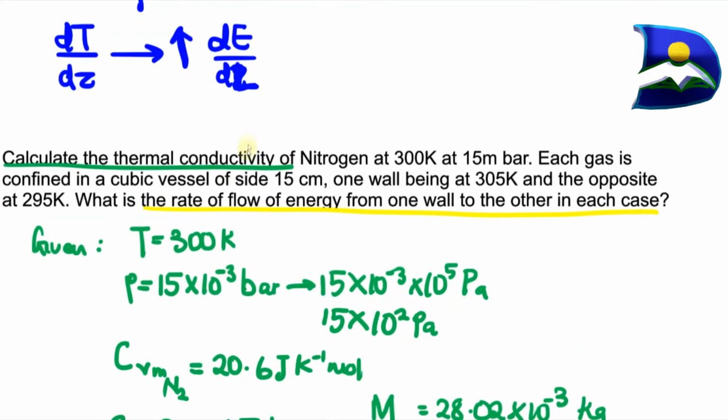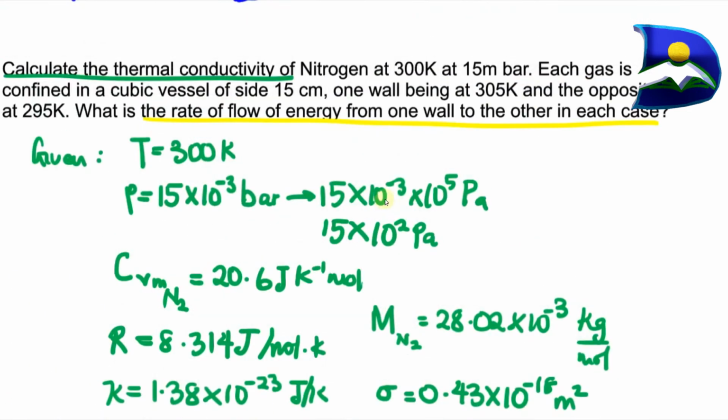So take note here that in this part we have one wall temperature on one side measured as T1, and T1 is 305 kelvins, and the second wall, which is the other end, the temperature is dropping and it results in 295 kelvins.